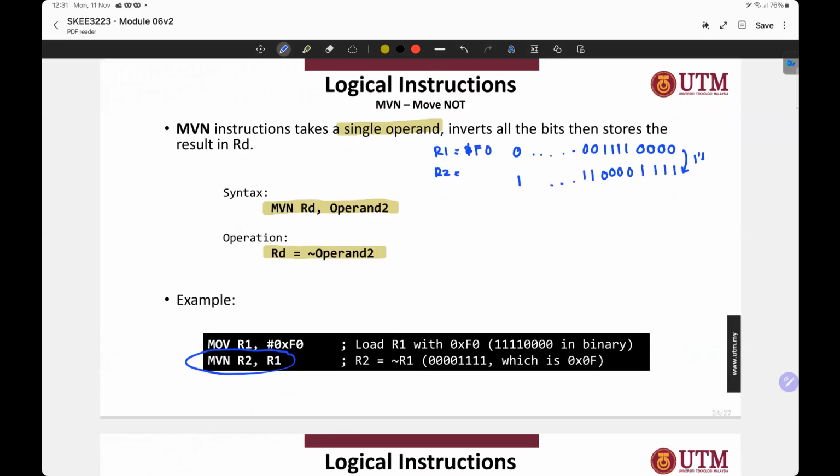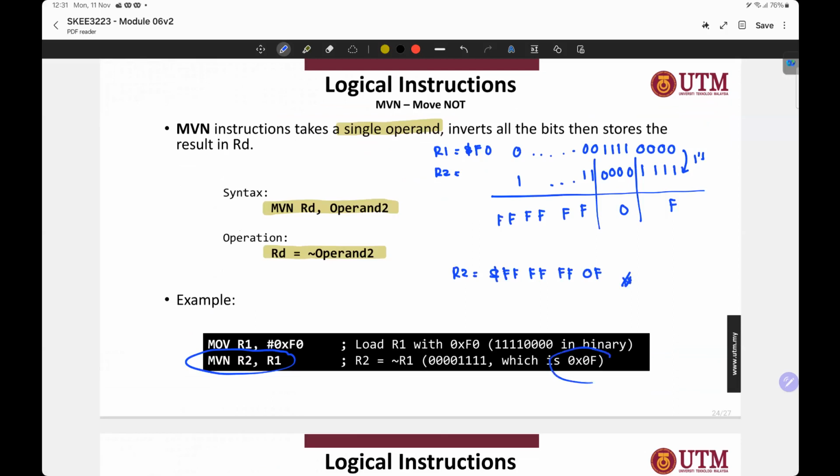At the end of the day, the result will be F, F, F, F, F, F, 0, F.